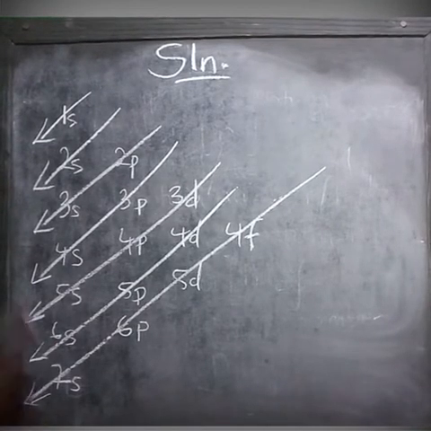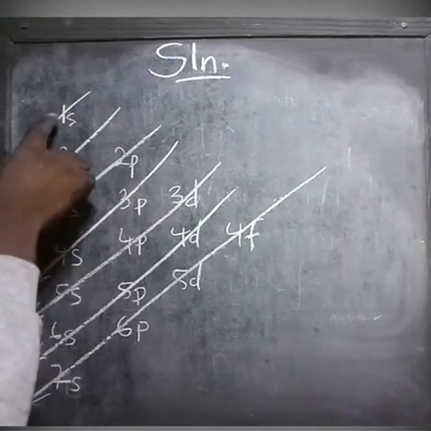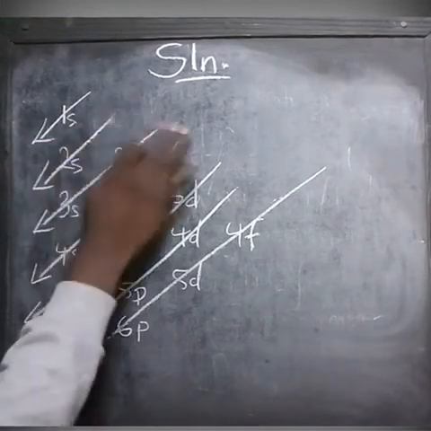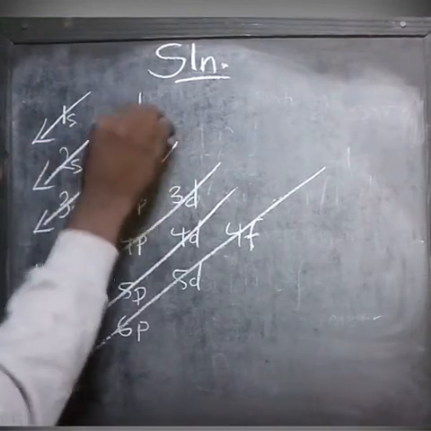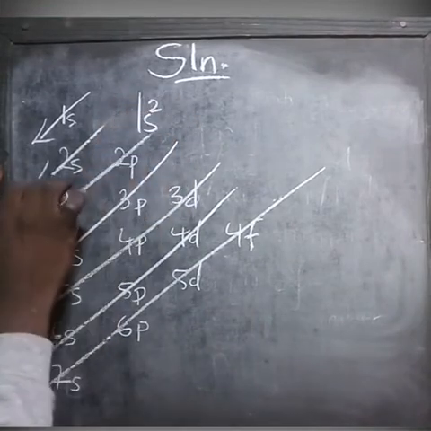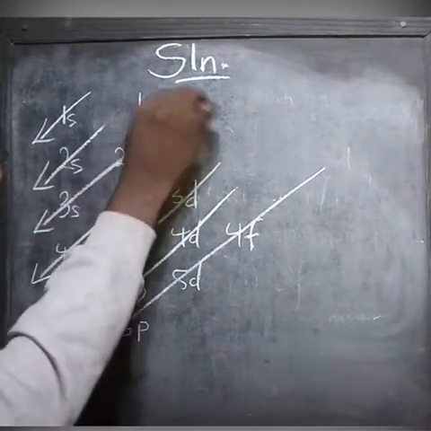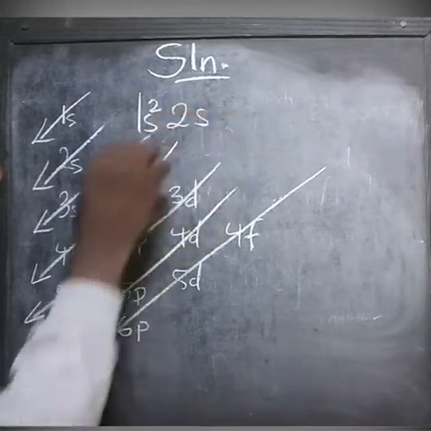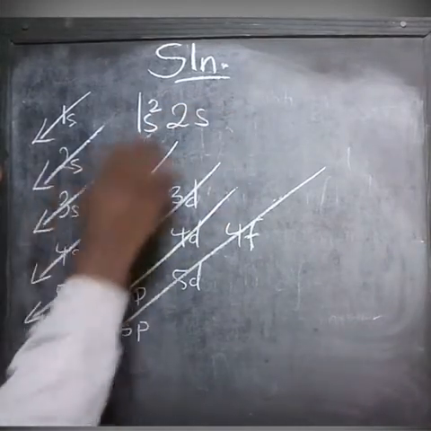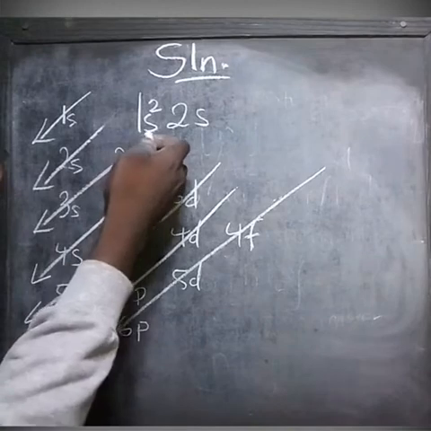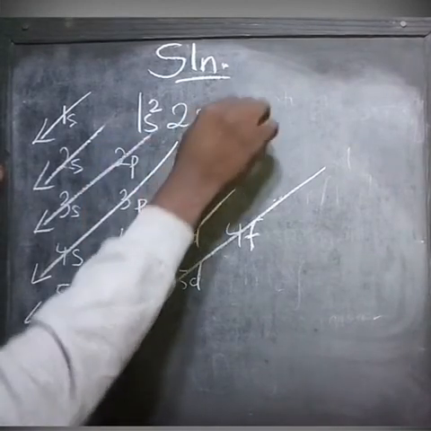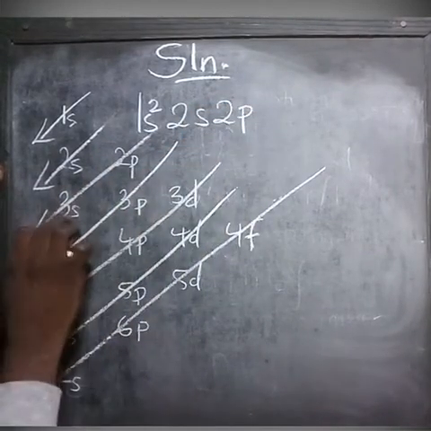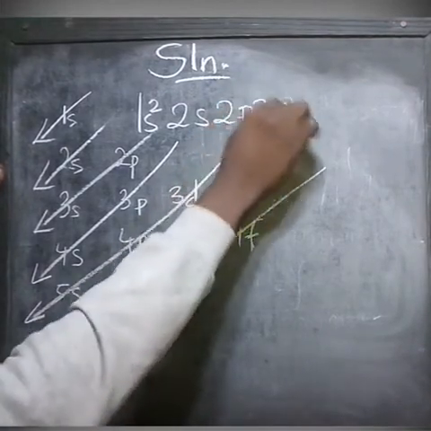So here, as you see this, you have to say 1s2, then 2s. Then you have to go back again, then 2p, then 3s.